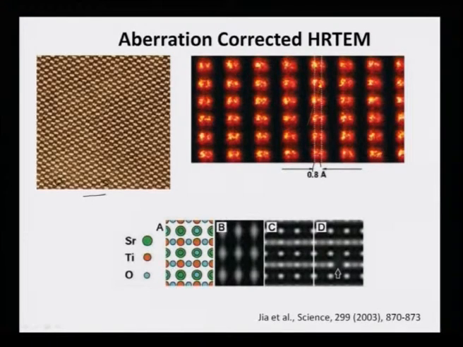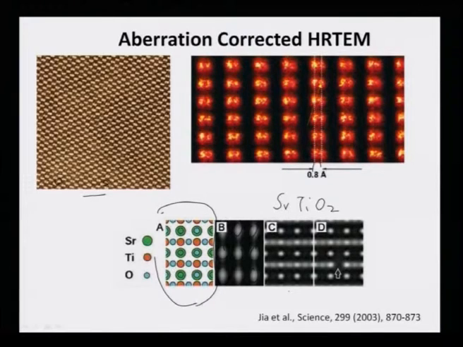The bottom picture shows strontium titanate, SrTiO3, where A shows the atomic positions along certain crystallographic directions, and B shows a conventional high resolution electron microscopic image, where you cannot even see different atomic species properly because of the resolution problems. On the other hand, C shows the different atomic species.